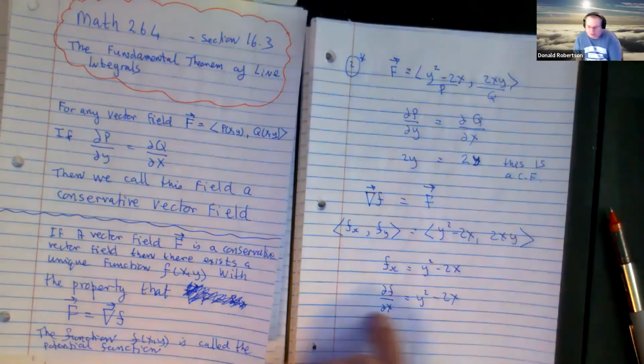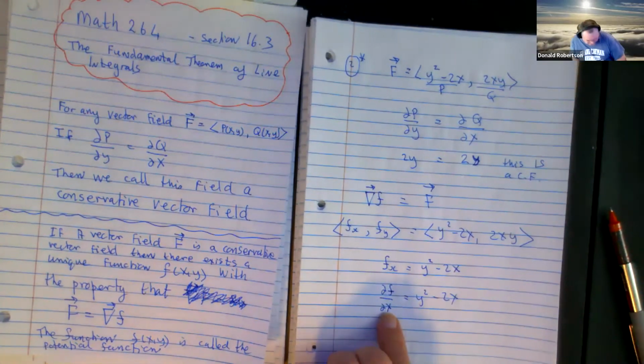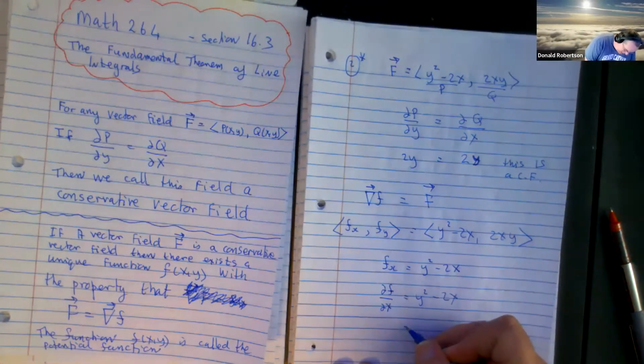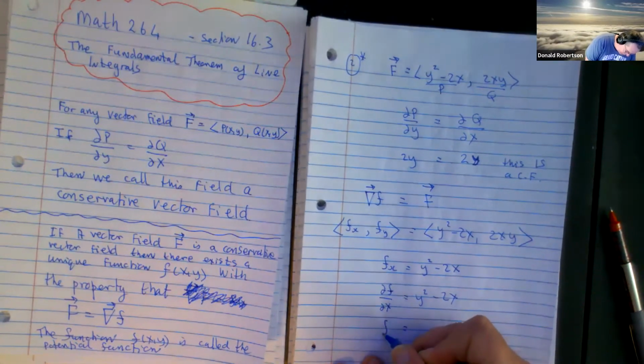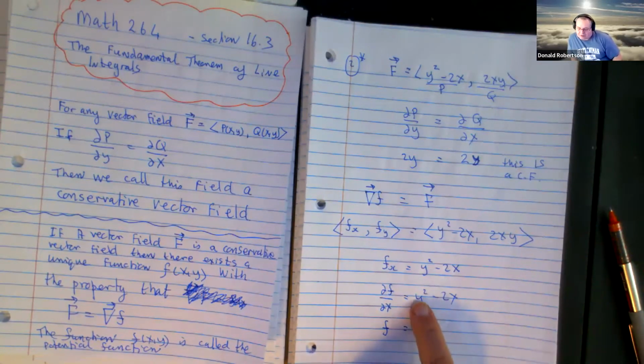That's essentially what we're writing, isn't it? That the partial derivative of f with respect to x is that. We're saying the derivative is this. If you want to undo a derivative, then shouldn't you integrate? So I'm now going to integrate this expression with respect to x, right?